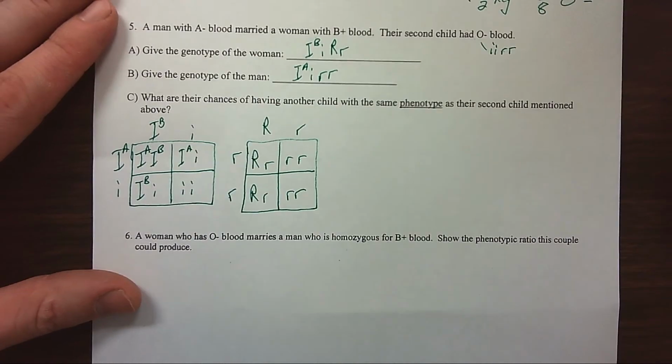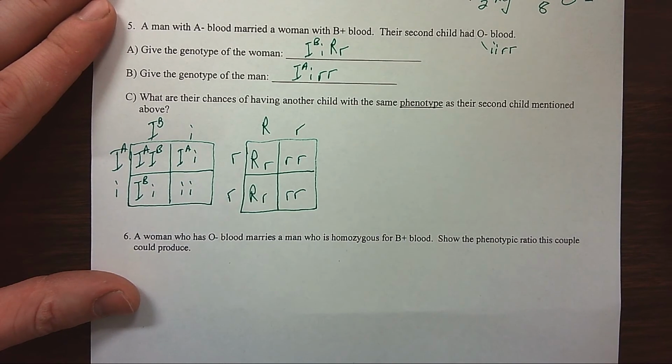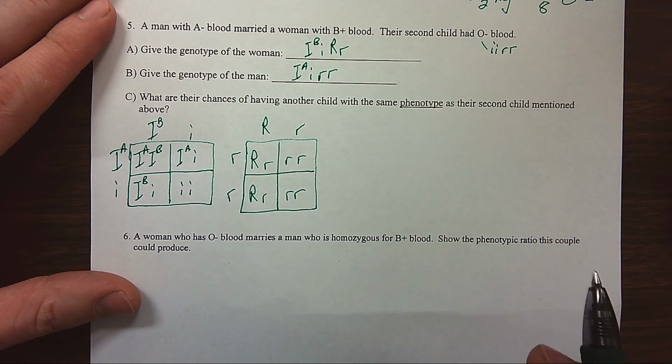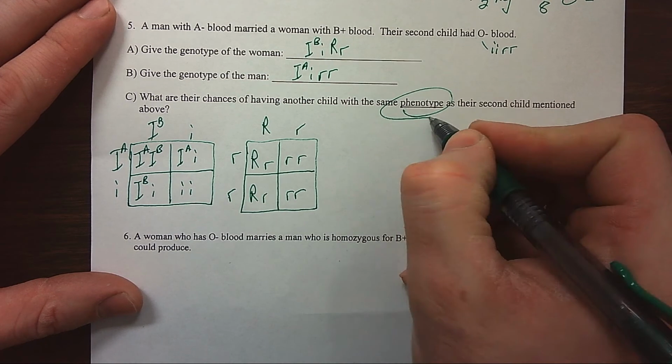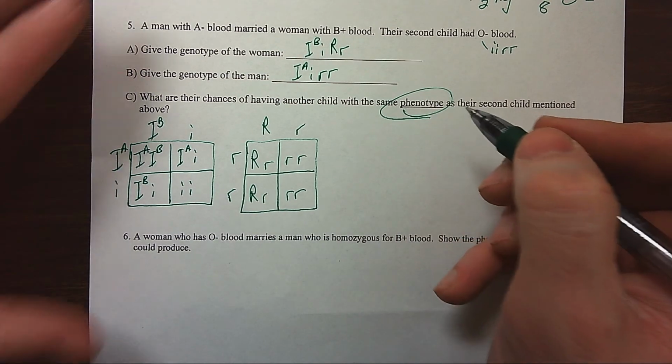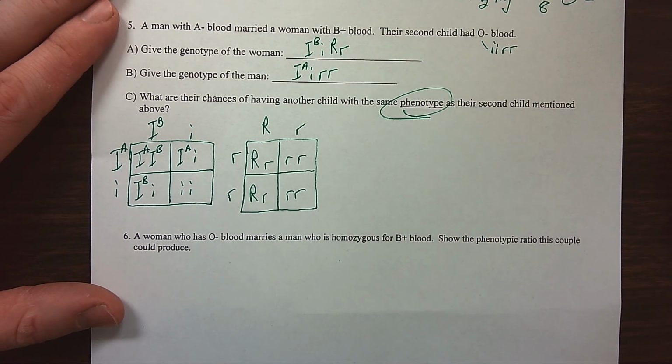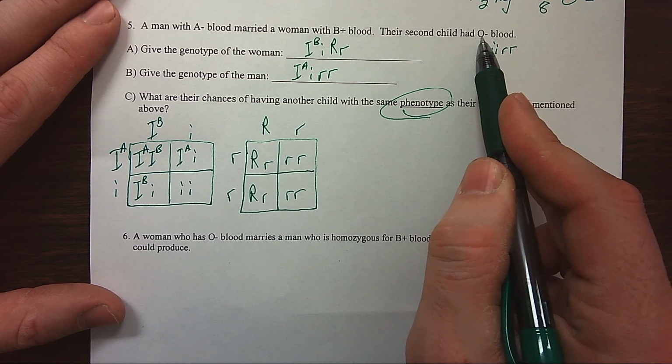Okay, so now this helps to be very aware of what the question is asking. It is not asking for the full phenotypic ratio like the previous question was, so we can shortcut the shortcut here. We're looking for only the exact same phenotype as the previous child.